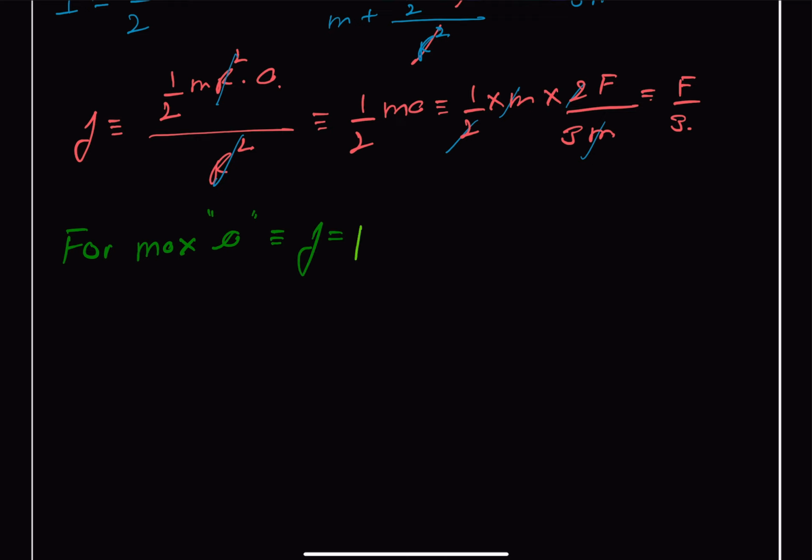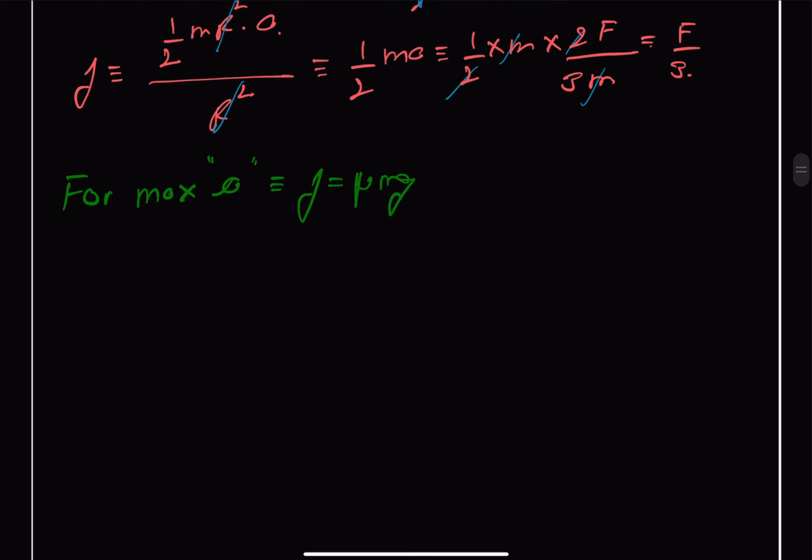We substitute, we get half m A maximum will be equal to mu mg, and here m and m cancel out, so we get that our A max will be equal to 2 mu g.